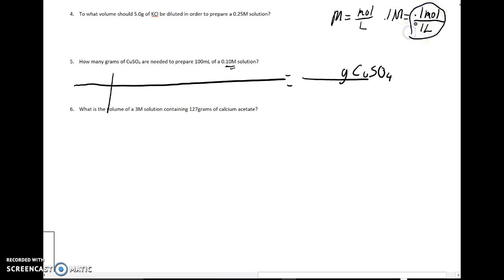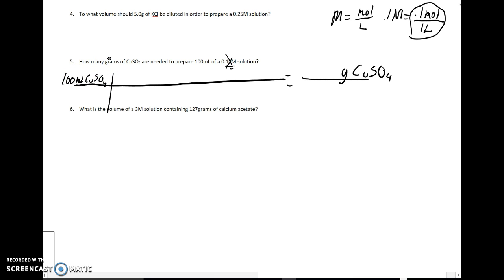And that is a conversion factor. So if that's a conversion factor, then it's not my starting point. So now the starting point for my problem is going to be my volume, in this case, 100 milliliters of copper sulfate solution.